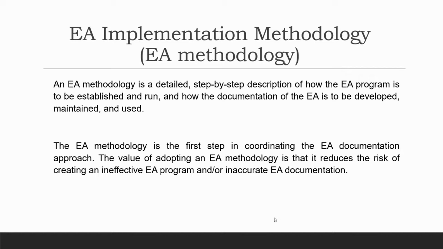So one of the first steps in developing an EA program is to build an enterprise architecture methodology, which compels the company to think through the following critical concerns, such as which parts of the business will the enterprise architecture cover, or the scope.